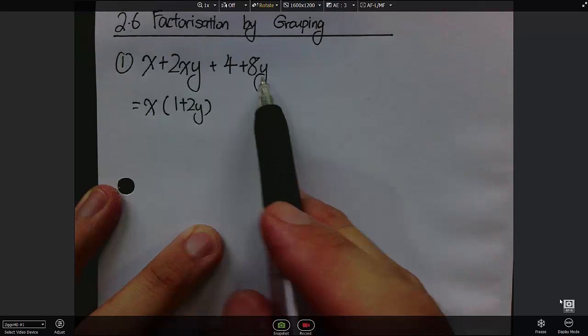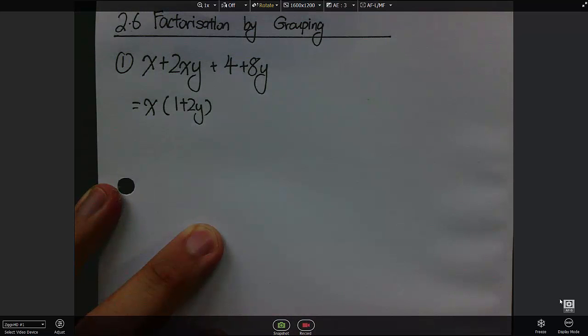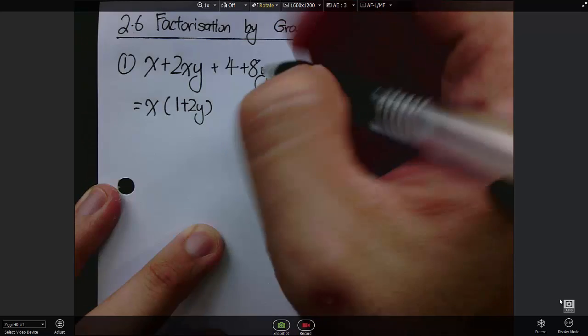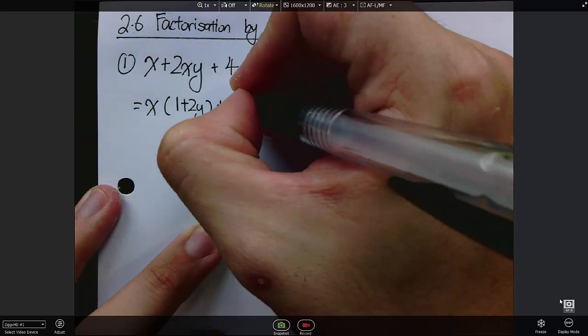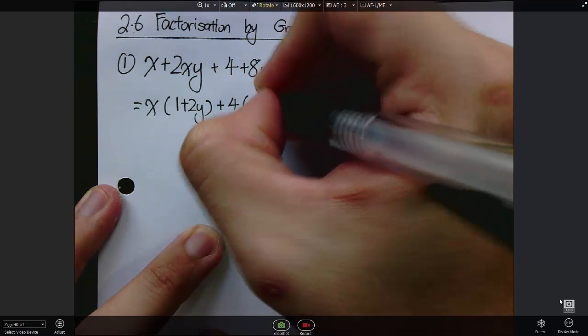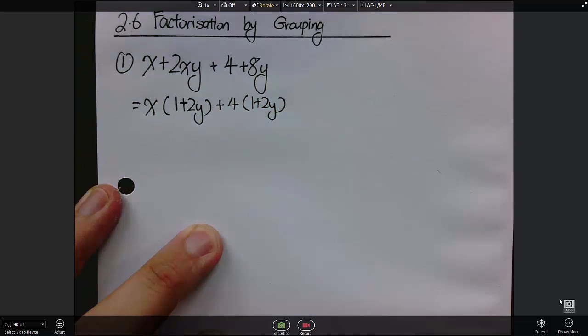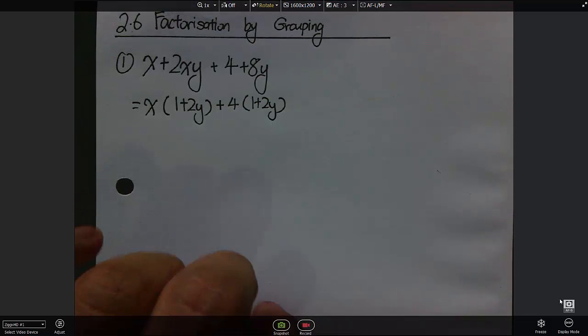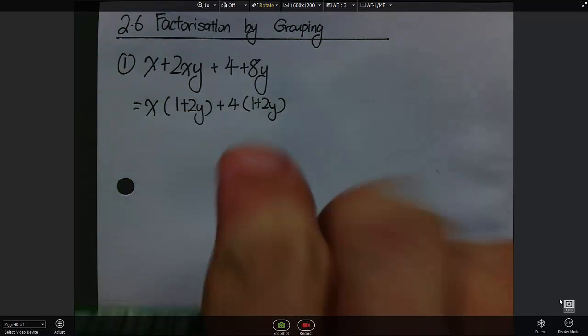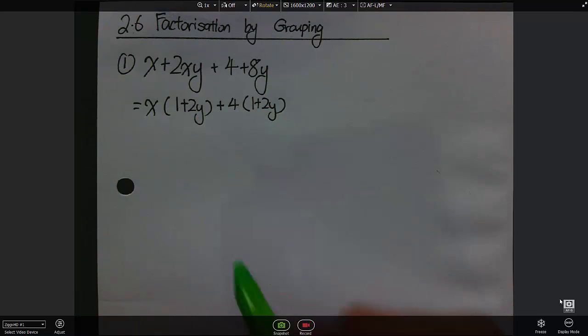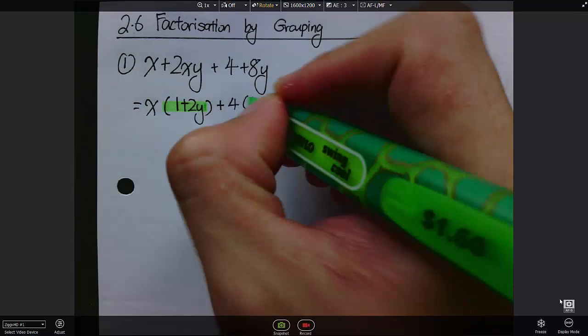Similarly, for here and here, what is the term we can factorize from 4 and 8y? We can factorize 4. So I'm left with 1 plus 2y. Now notice that there are 2 groups here, and the common term for these 2 groups is 1 plus 2y.